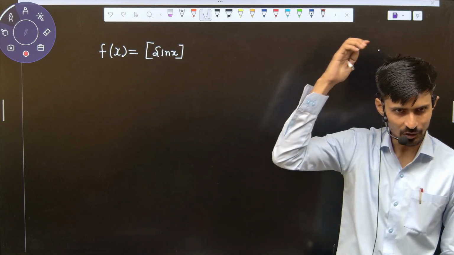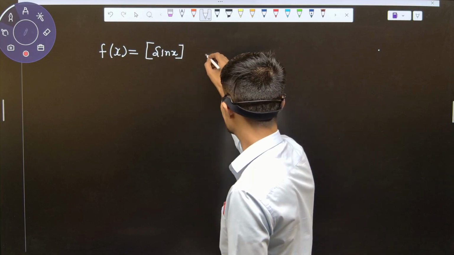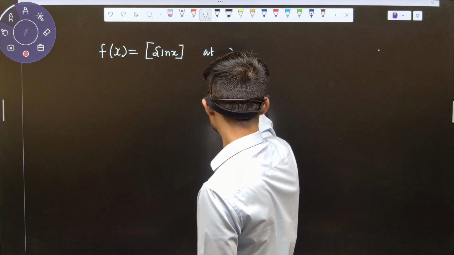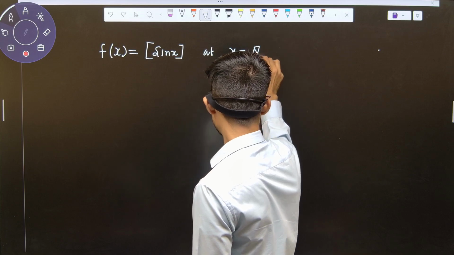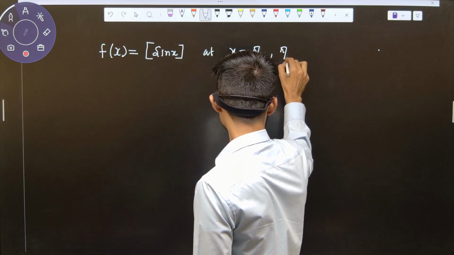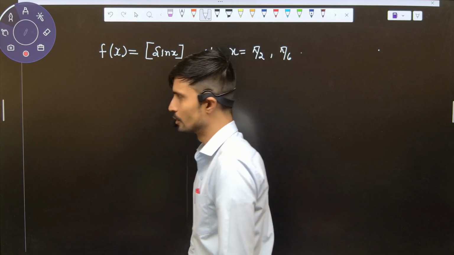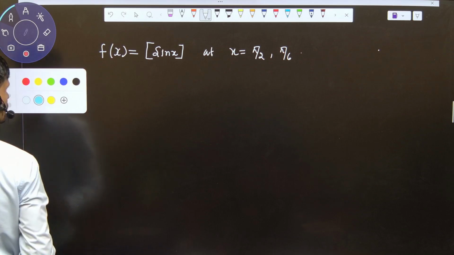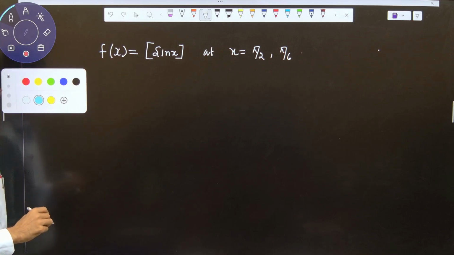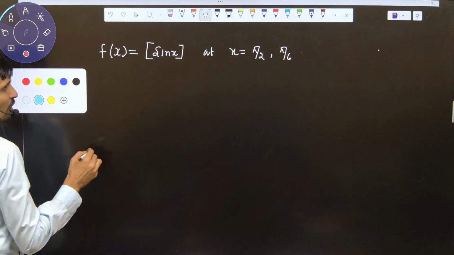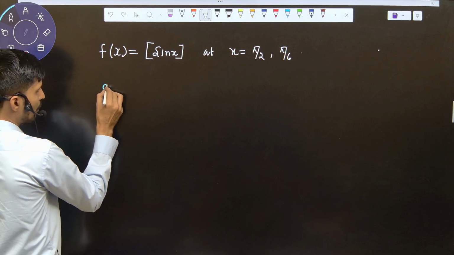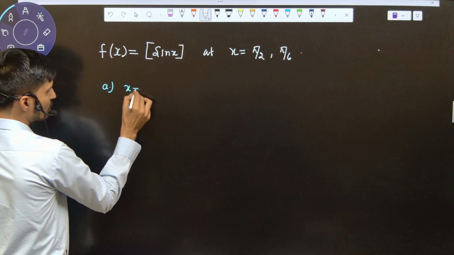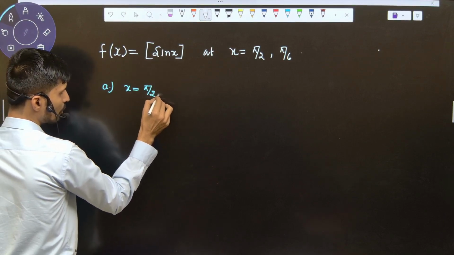At x is equals to pi by 2 first, pi by 6 both. So first of all, part a, I will write x is equals to pi by 2.